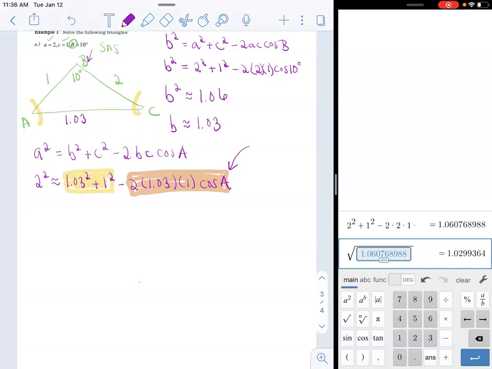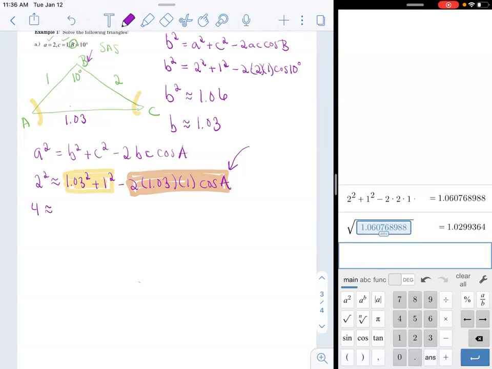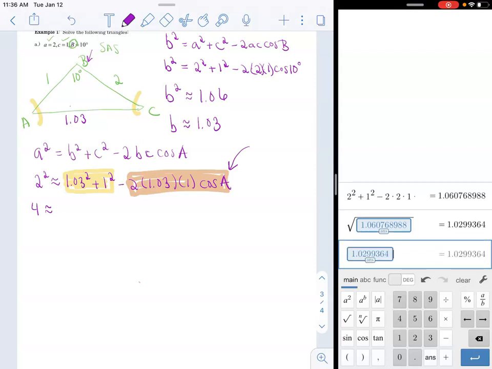So what I'm going to do is 2 squared is 4. I'm going to combine what's in the yellow. To be really accurate, I'm going to put in the answer key, that 1.03, and square that, and add that to 1 squared.